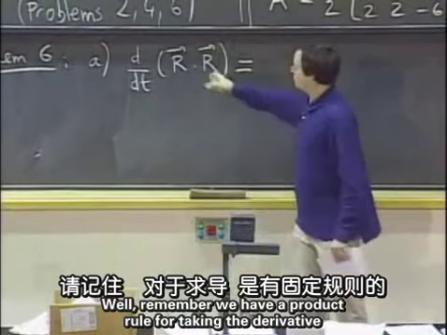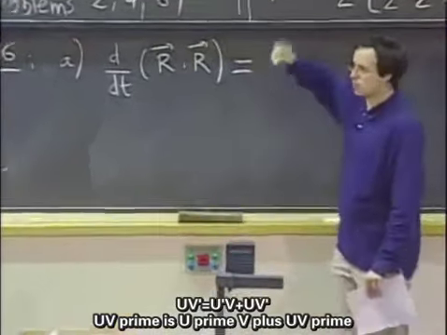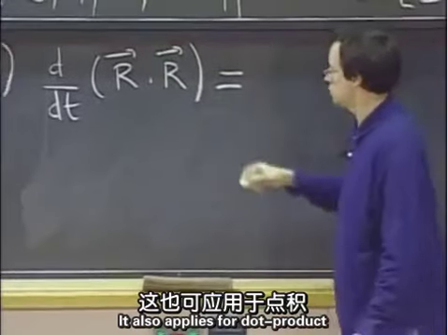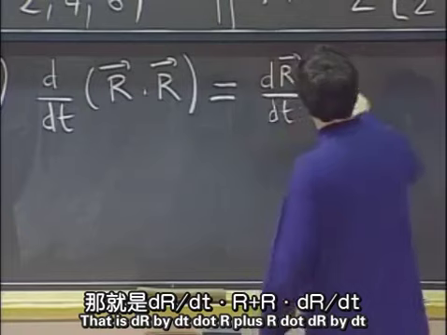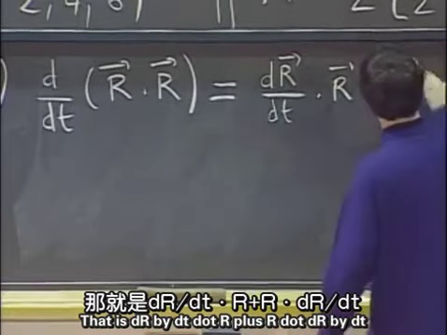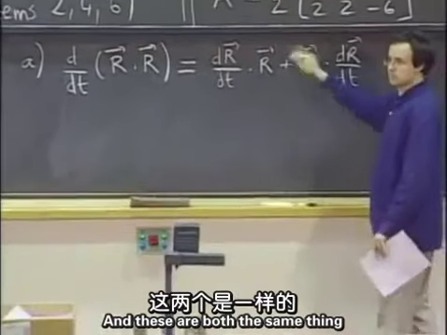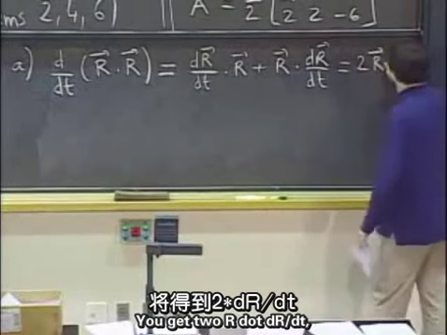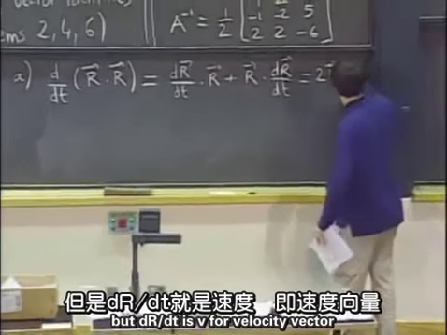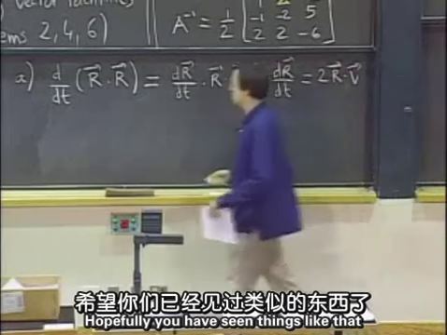Well, remember we have the product rule for taking the derivative, (uv)' is u'v plus uv', which also applies for dot products. So that's dr/dt dot r plus r dot dr/dt, and these are both the same thing. So you get 2 r dot dr/dt, but dr/dt is v. That's a velocity vector. Hopefully you've seen things like that.